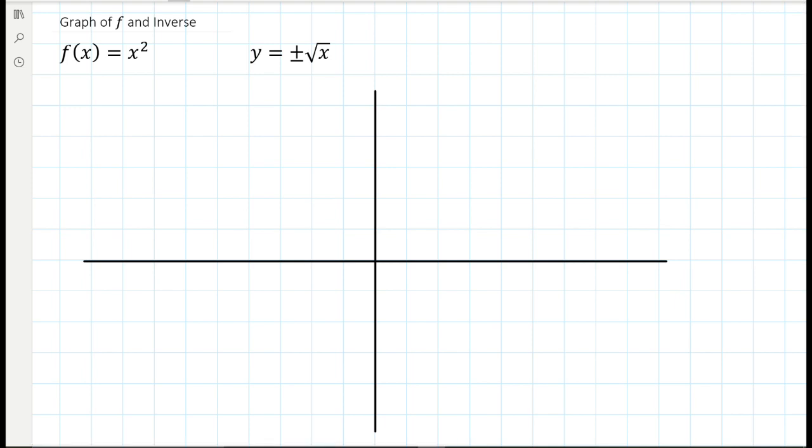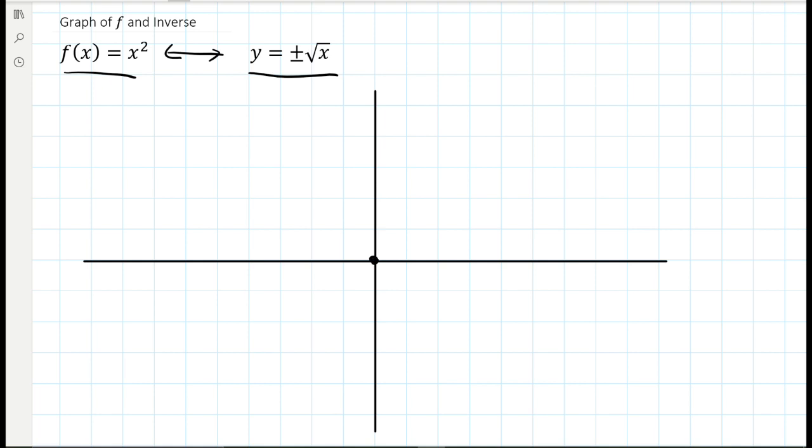Okay, so I was telling you earlier that we did the equation, and then we did the inverse, and we got this, right? So we're going to graph both of these together on the same coordinate plane in order to determine if there's a relationship between those two. If we want to graph x squared, we know it's a parabola, so it starts at 0, 0.